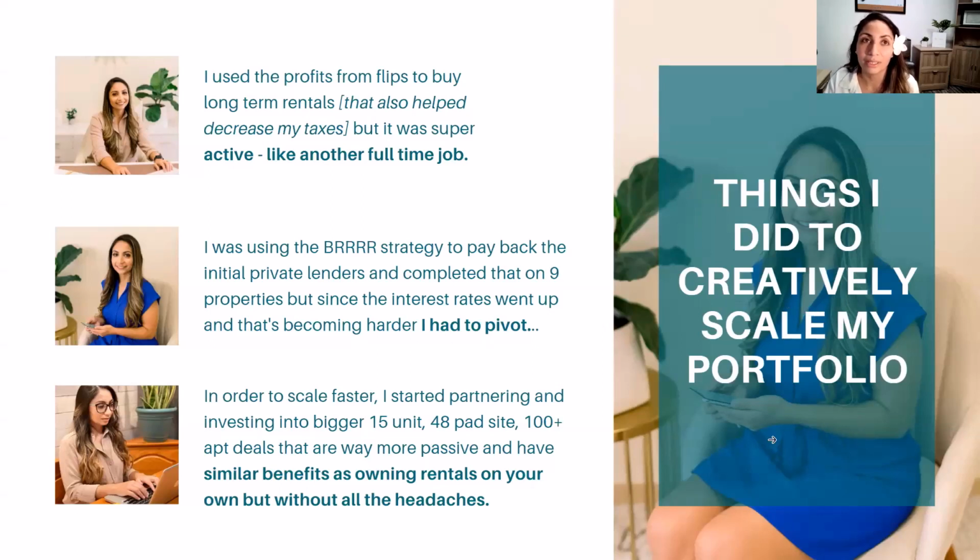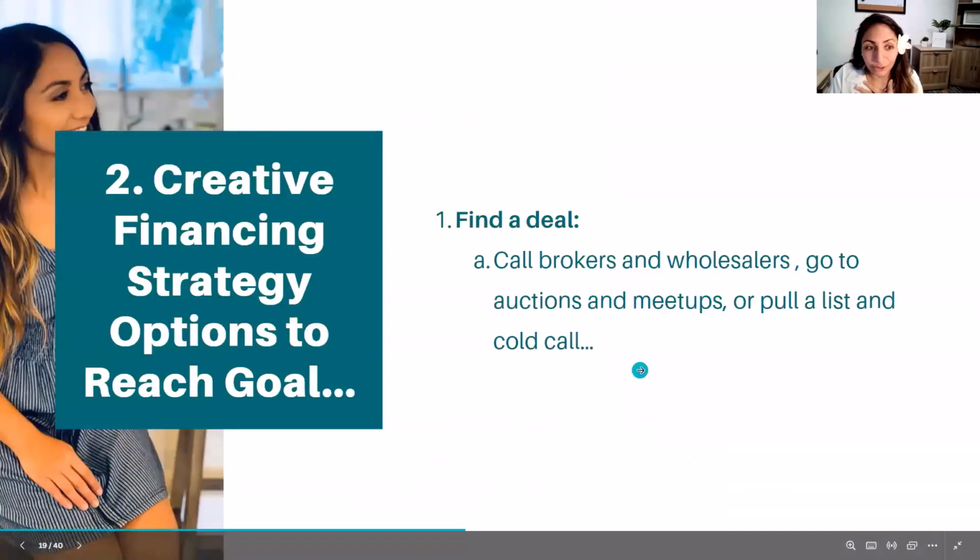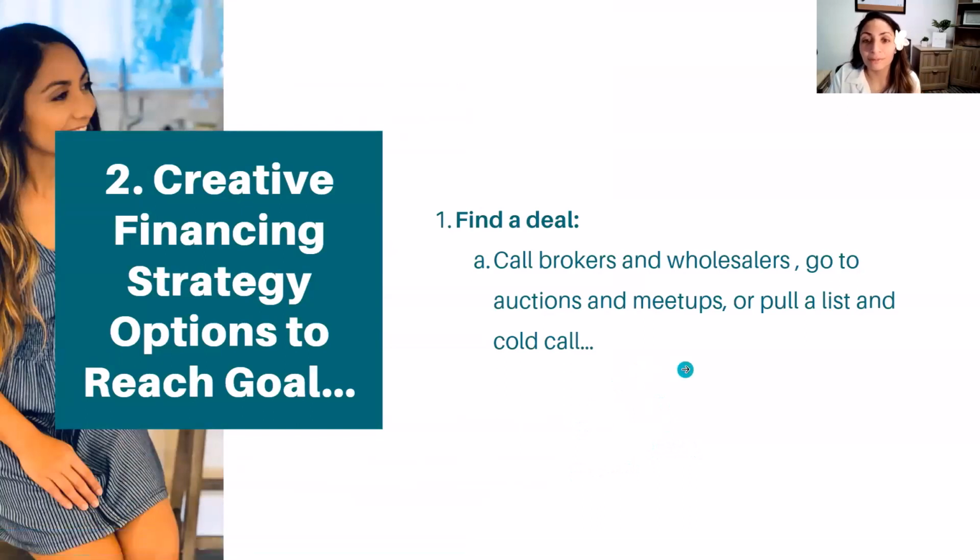I think my biggest takeaway was that I didn't need to know every single number. I didn't have to know how the renovations worked through and through, but I did have to have partners on my team who needed to know that. If you wanted to do creative financing yourself, you could find a deal by calling brokers, calling wholesalers, going to auctions or meetups, and actually meeting other people who are doing these types of creative strategies.